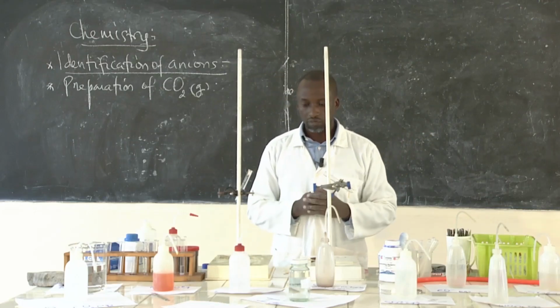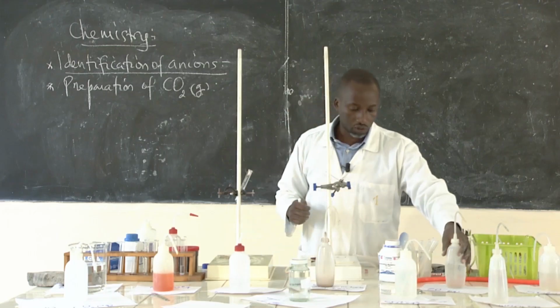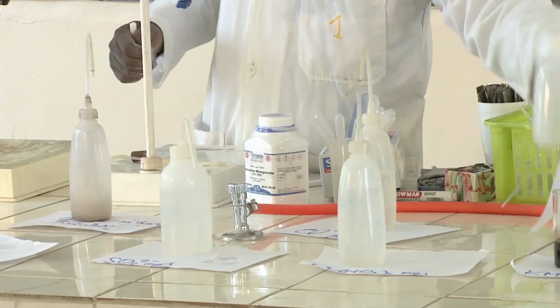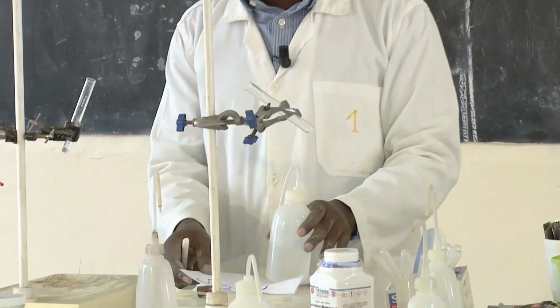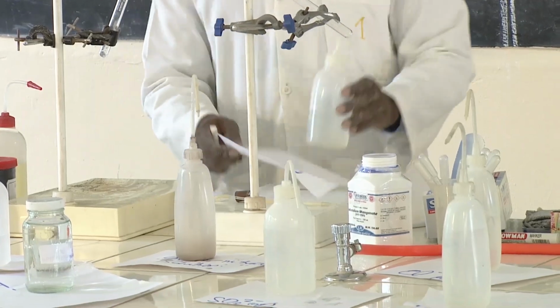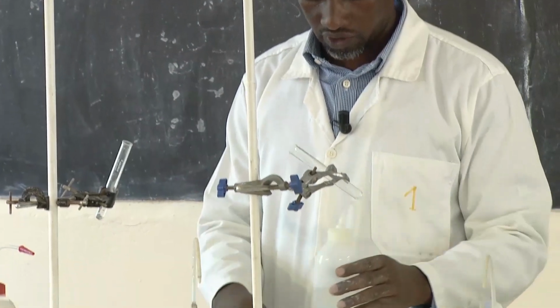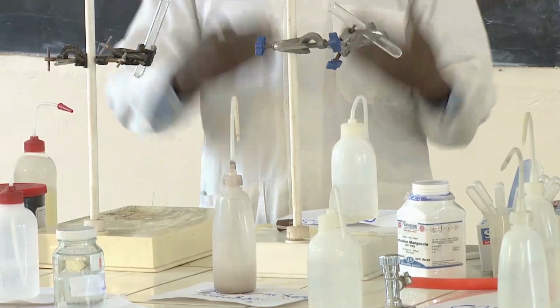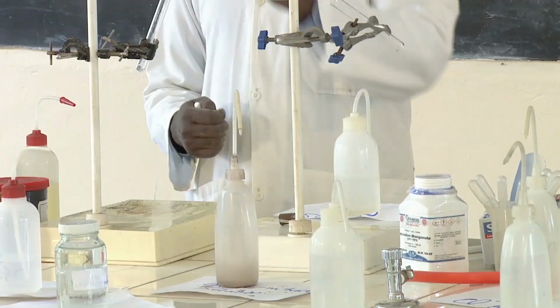So right away, without wasting a lot of time, we'll start with the sulfate ions. These are anions derived from sulfur dioxide. This is one of the anions that we have to test for. How do we identify the sulfate ions if it is in a solution?